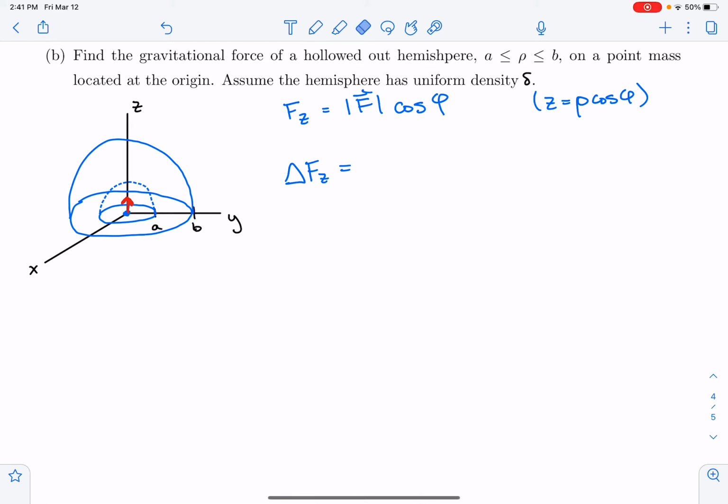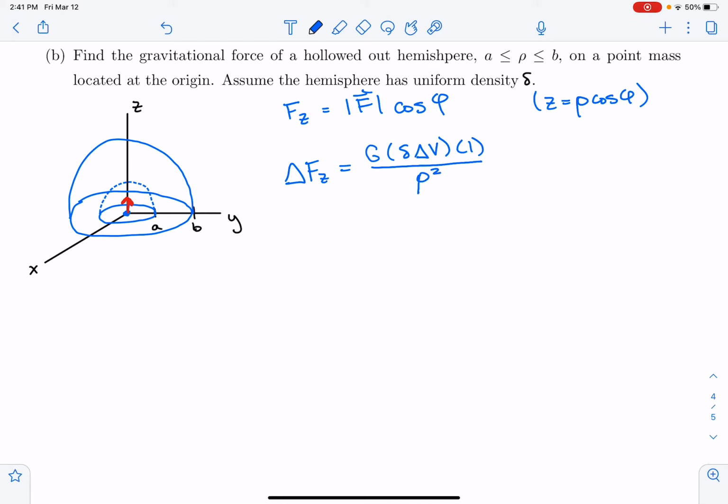The mass is going to be delta times delta V, times the point mass, which is going to be 1, divided by the distance squared, which is rho squared.